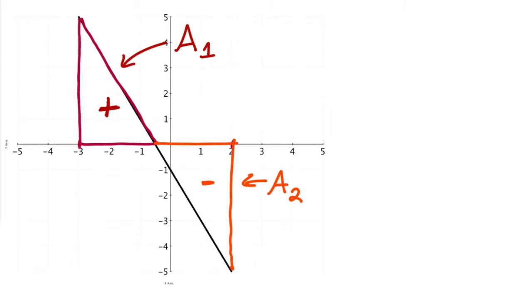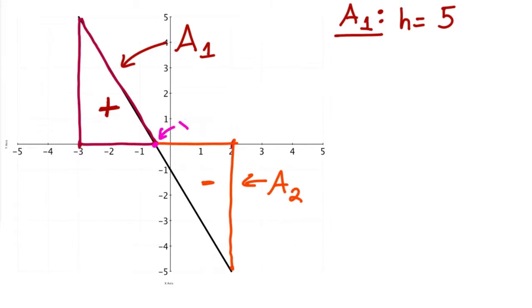So we need to find the height. It's easy to see the height of this triangle is going to be 5. Now the base is a little tricky because it goes from negative 3 to this point right here, but we don't know what this point is. But we need to find this point.